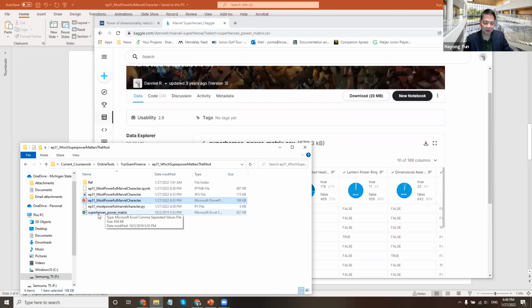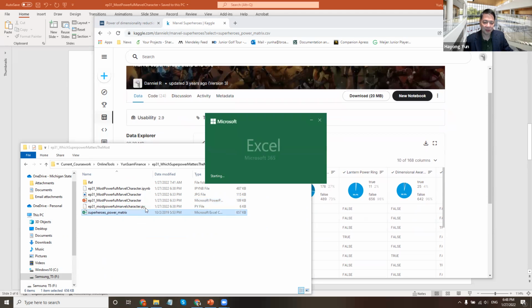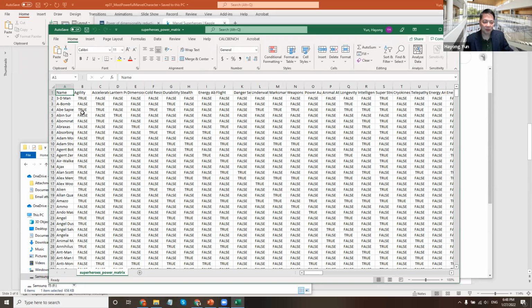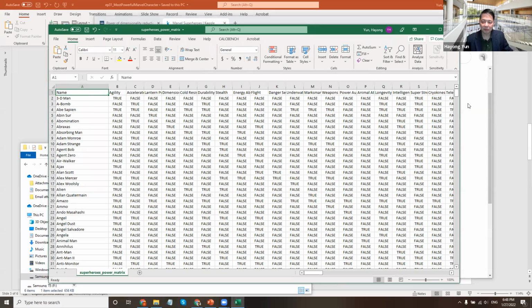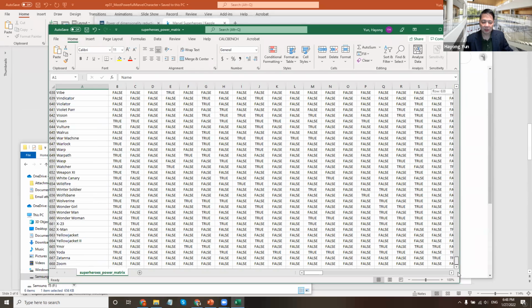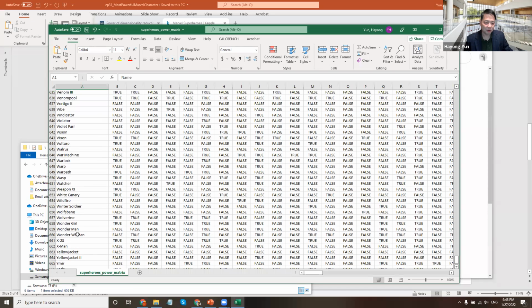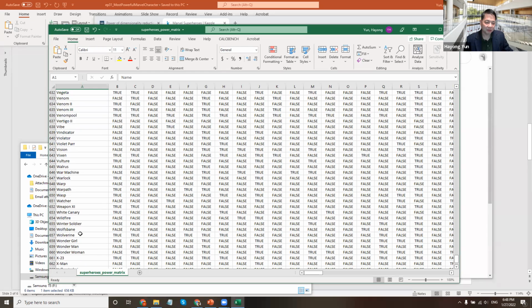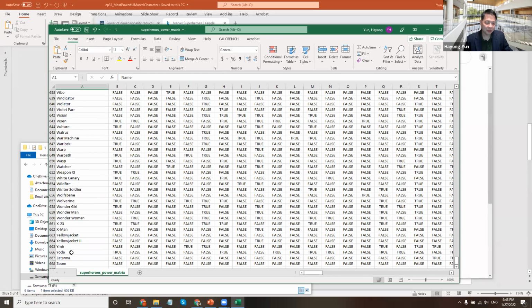Among the zip file, the superheroes power matrix here basically shows this. You can see here, 667, the first row is the header column. So 667 superheroes, and there are maybe some that you are familiar with.